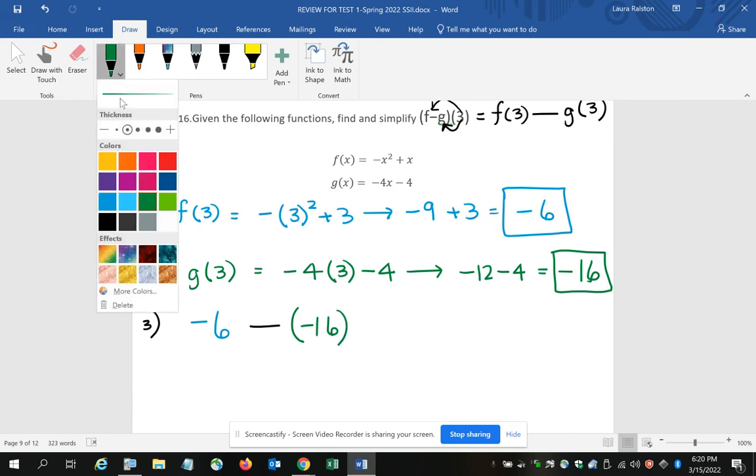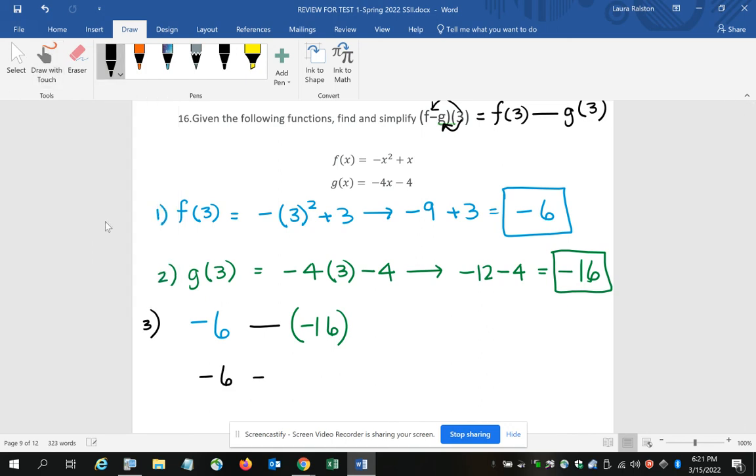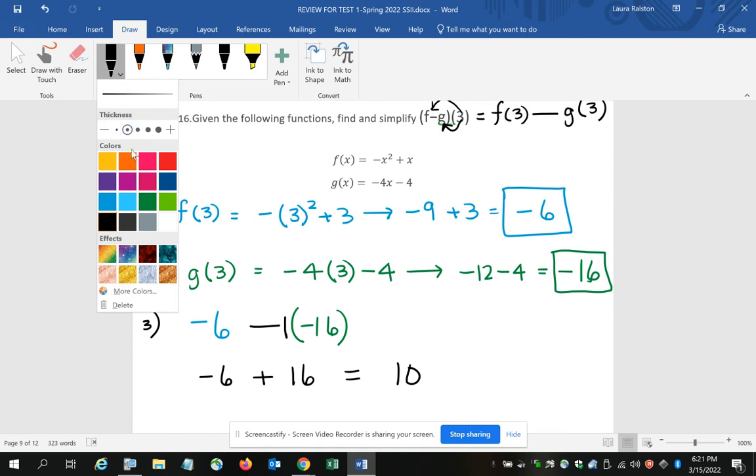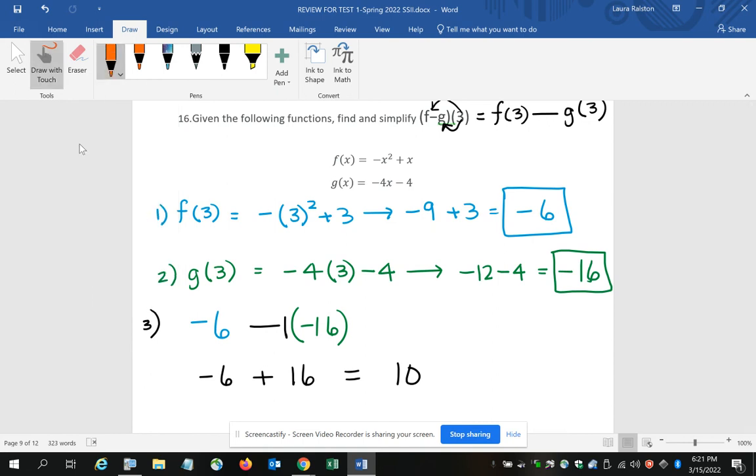So let's do the math. We would have negative 6 plus 16. Minus 1 times negative 16 is positive 16, which gives us positive 10. So f minus g at 3 is positive 10. That would be my answer. But again, it's a step-by-step process.